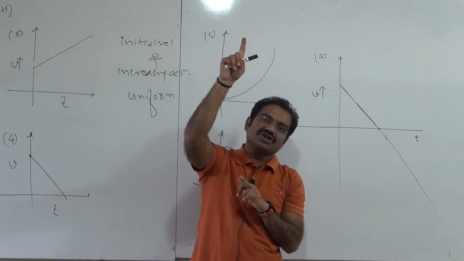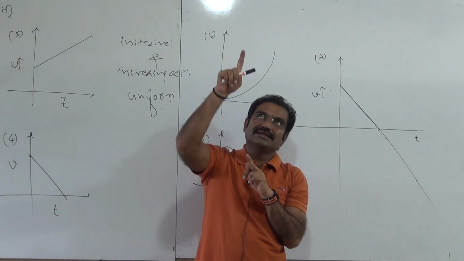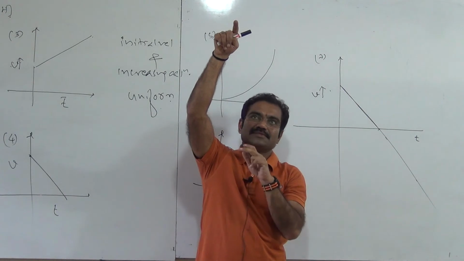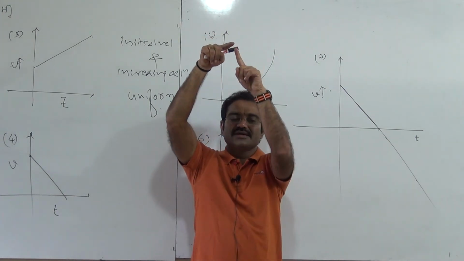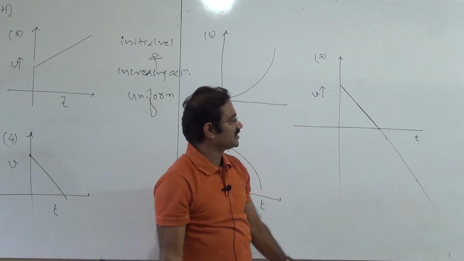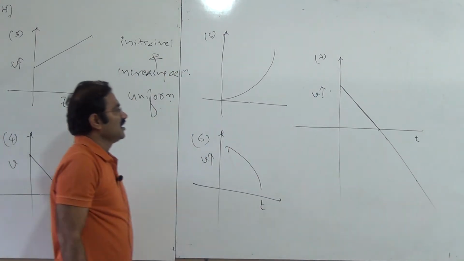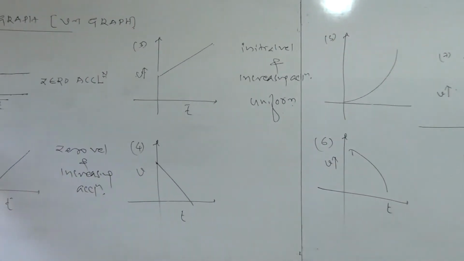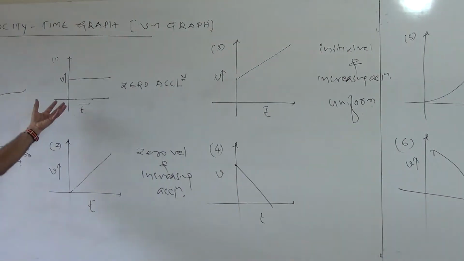In an upward journey, velocity decreases, finally it comes to rest. In a downward journey, it is at rest and its velocity continuously increases. So these are the different types of velocities. Means in the velocity time graph, we have different natures.